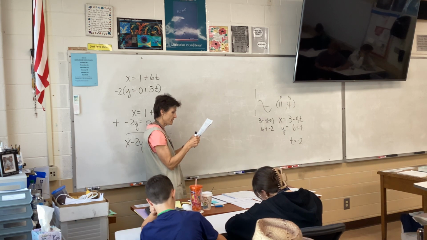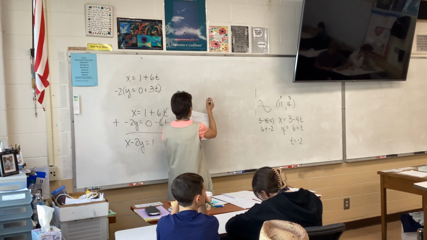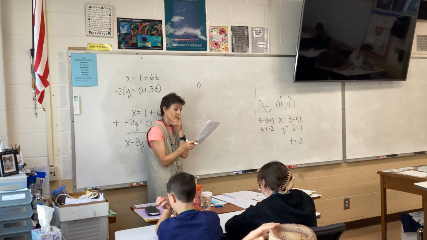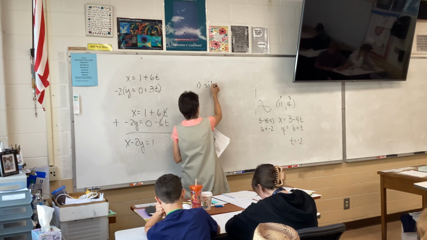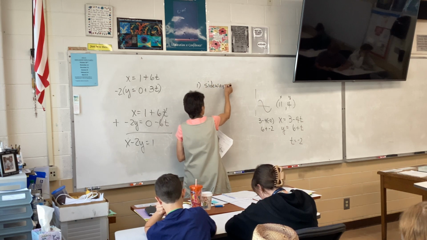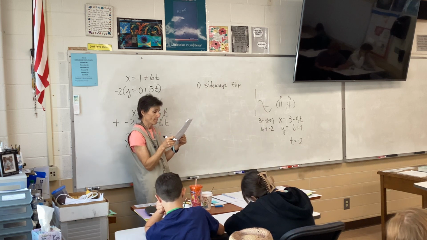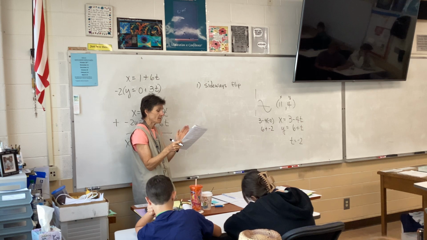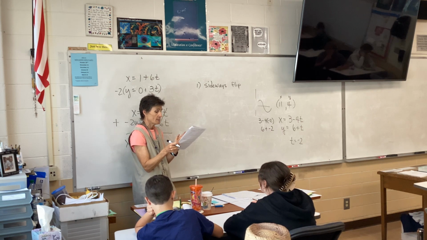Would you look very carefully at figure 1 and figure 2. What changed? Sideways flip for sure. Does everybody see that? What else changed? Up 1, we're going from 1 to 2. So we're starting with figure 1 and going to figure 2.